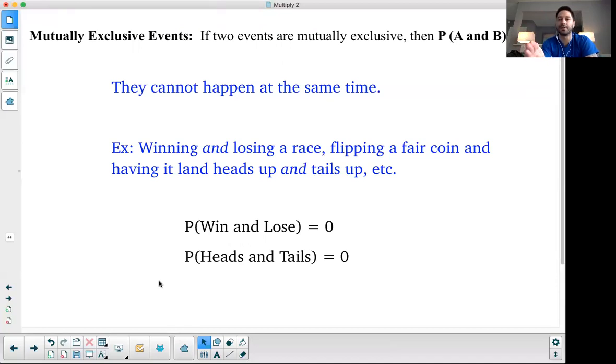Like, no, no, no. We're talking heads up or tails up, right? Can't happen. So when that can't happen, the probability is going to be 0. So what's the probability of winning and losing at the same time? Or what's the probability of flipping a coin heads up and tails up at the same time? Those probabilities would be 0.